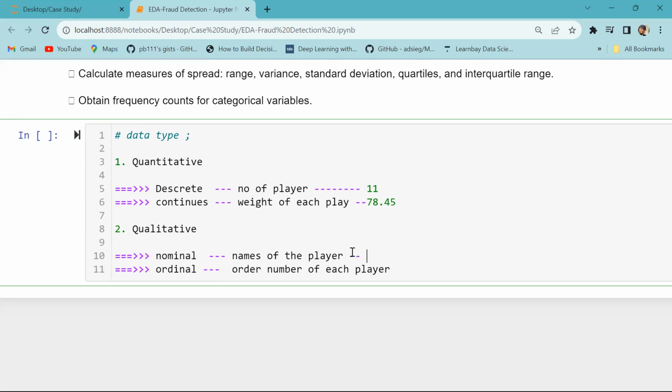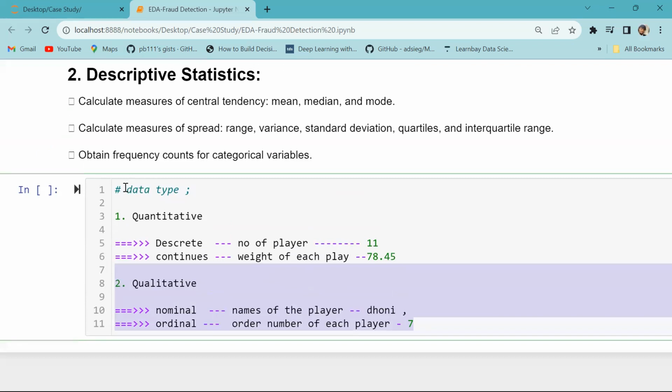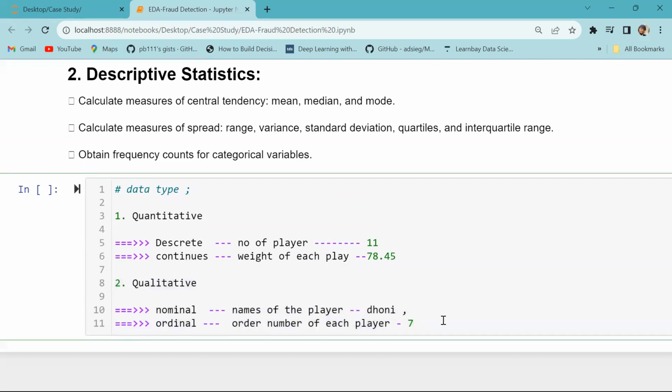Name of the player, for example Dhoni, Sachin Tendulkar, Kohli. Ordinal means each player could have some kind of order, 7, 1, 2, 3, something like this. I hope you understood what the data types are and how we can categorize them.